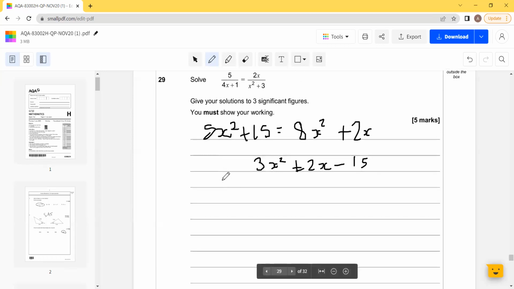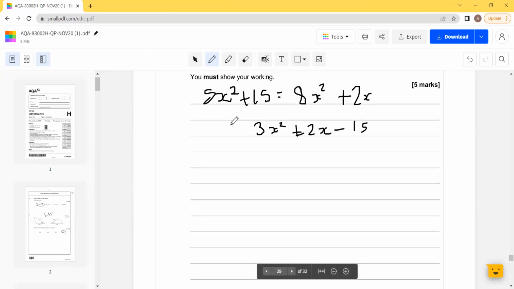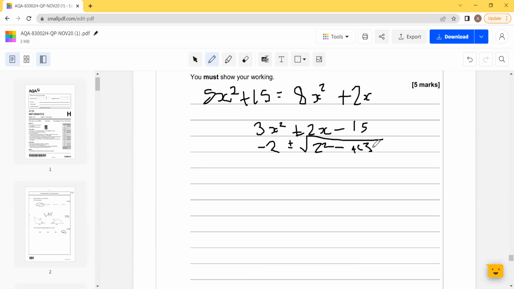Now I'm going to use minus b plus or minus the square root of b squared minus 4ac over 2a. So I'm going to use minus 2 plus or minus the square root of b squared minus 4 times 3 times minus 15 over 6. Let me just make everything more clear.